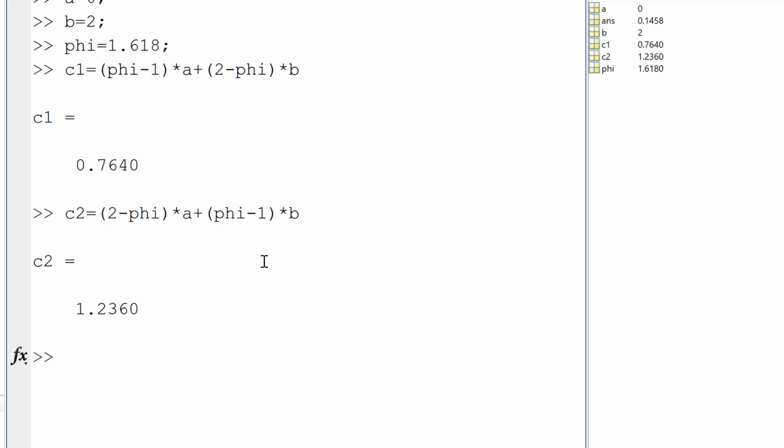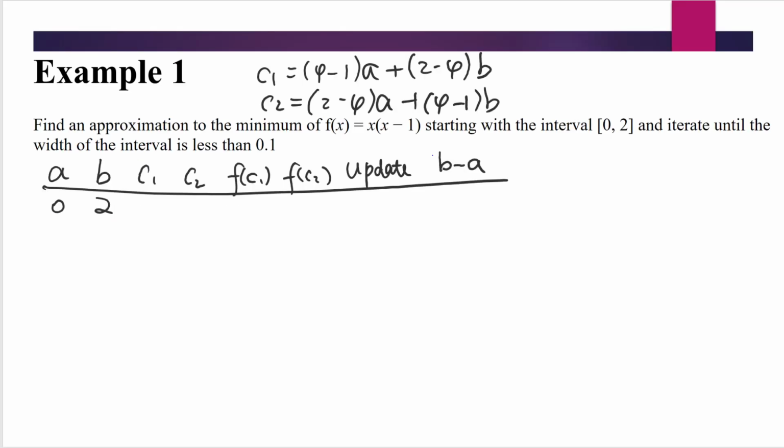Okay, so we have C1 equal to 0.764 and C2 equal to 1.236, and we can evaluate the function value at these 2 points.